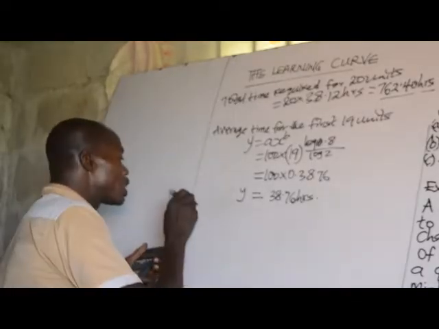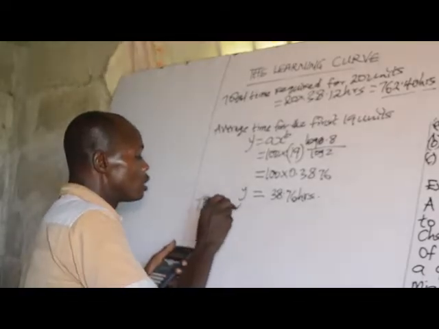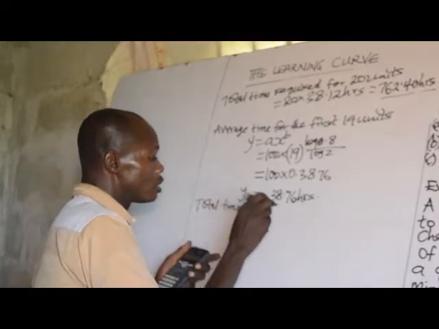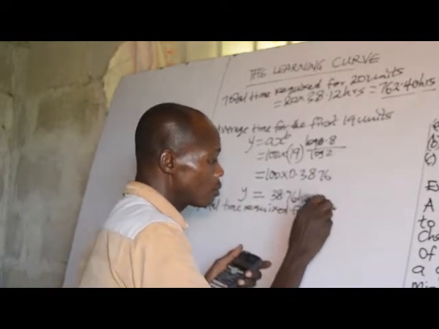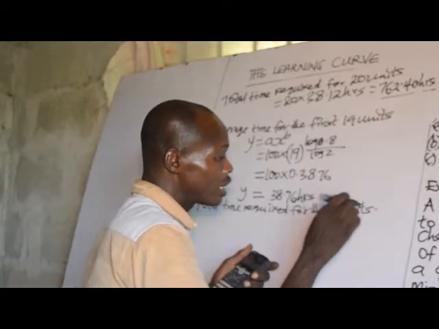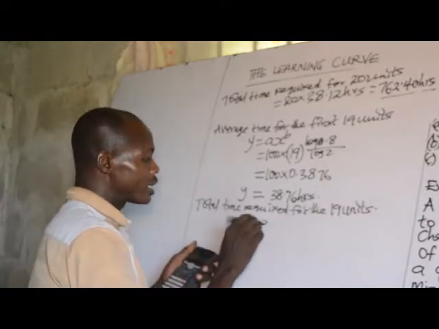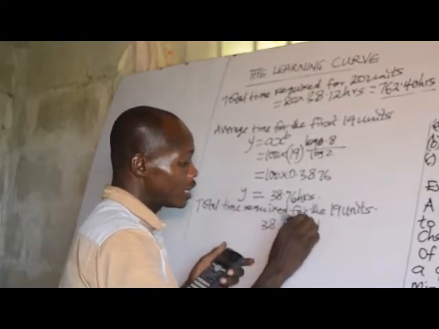Therefore, what will now be the total time required for the 19 units? That is for the first 19 units. That will be 38.76 hours times 19.